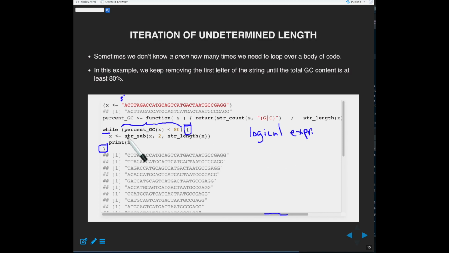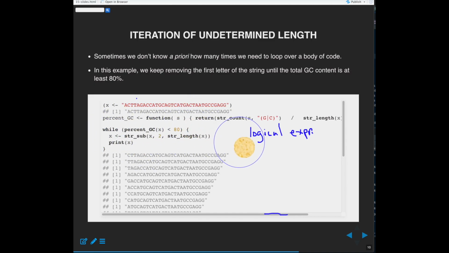If the logical expression is false, I stop. So here, in other words, I'm saying, as I modify the string by cutting off nucleotides from the 5 prime end one by one, as soon as the resultant GC content is at least 80%, then I'm going to quit. Okay, so here you can see this is the initial string.